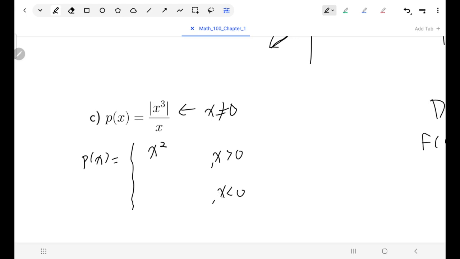And if I'm looking to the left of 0, I'd say, well, if x were negative, x cubed would be negative, and then the absolute value sign would change that. So the absolute value would give me the opposite of x cubed over x. And then the same thing as before, I could simplify and say x cubed over x is the same thing as x squared.